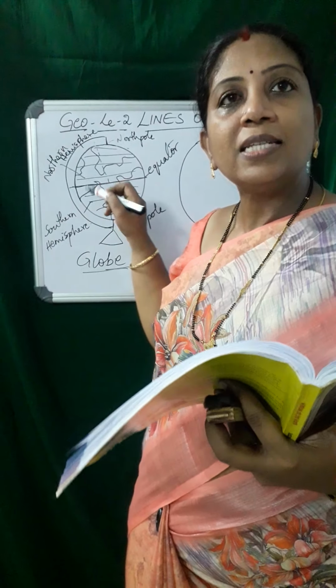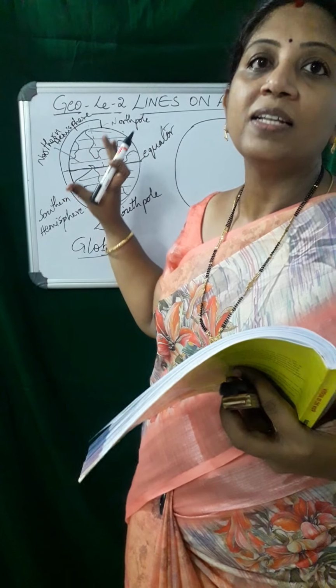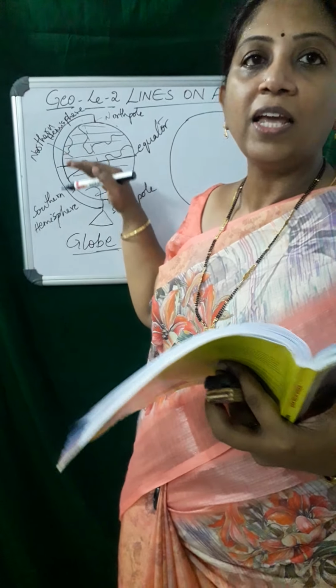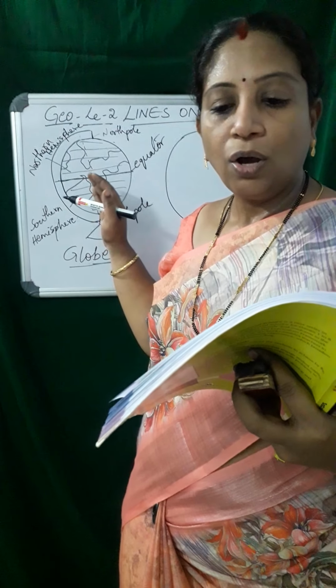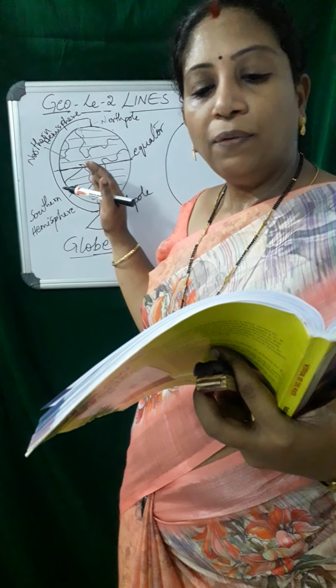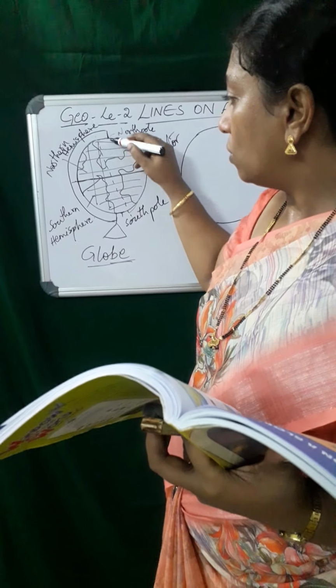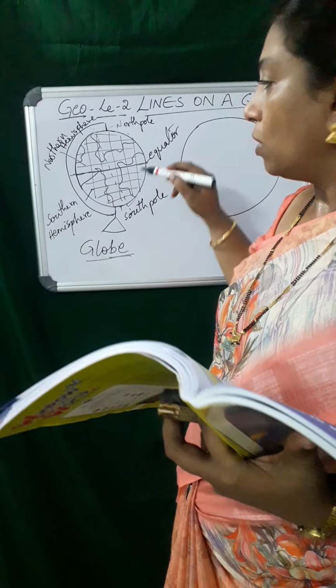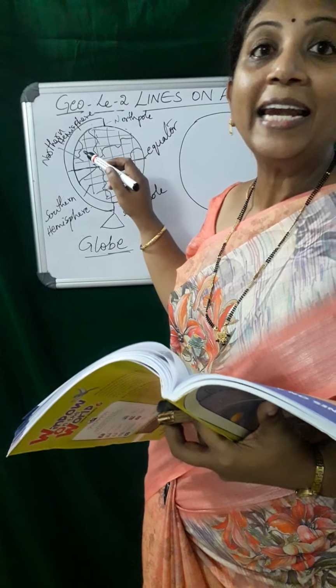These lines help us represent the correct shape, size and distance of the oceans, countries, seas and everything. We do this with the help of two sets of imaginary lines called lines of latitude and lines of longitude.